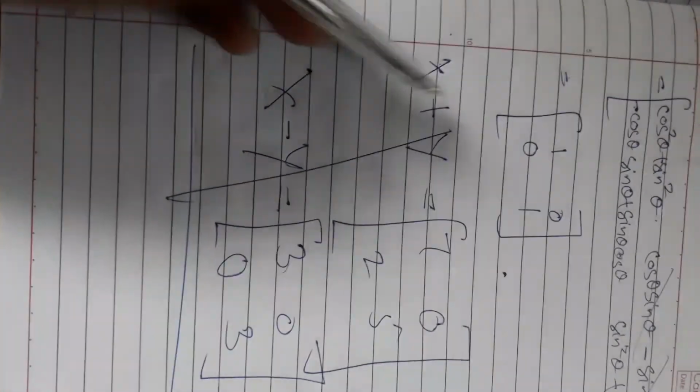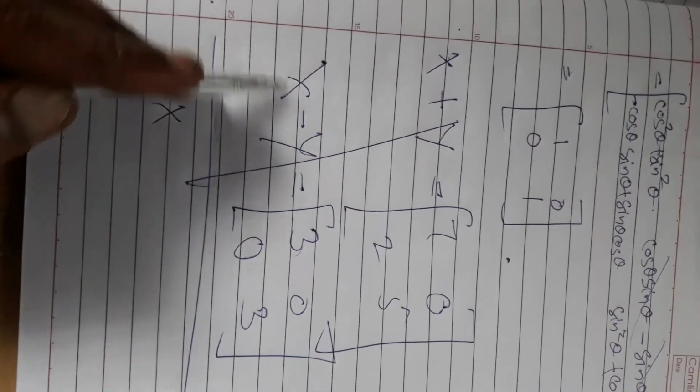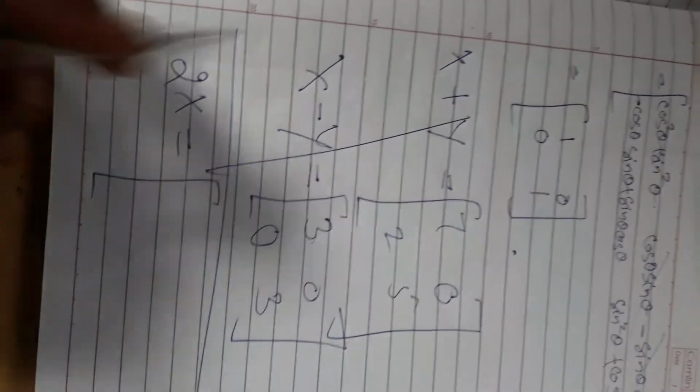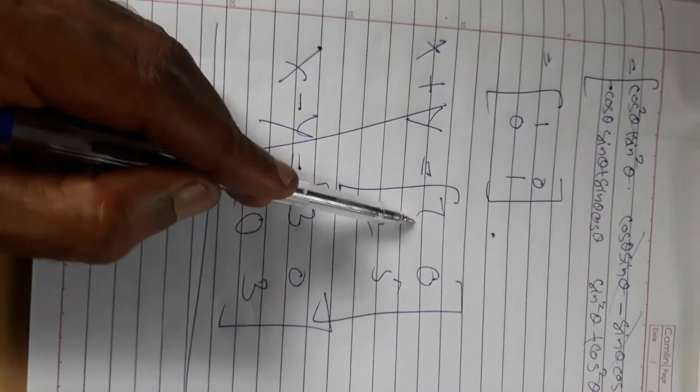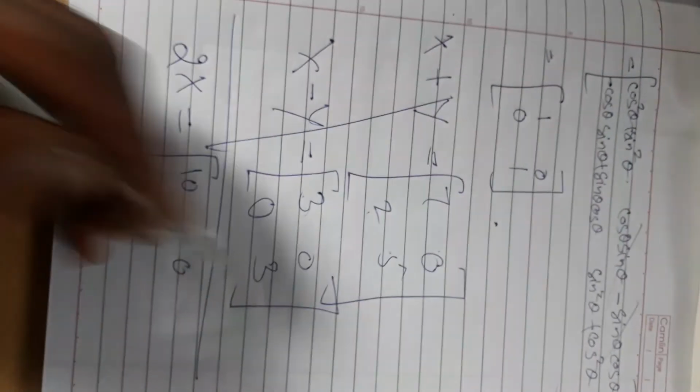So here plus Y minus Y gets cancelled, X plus X is 2X, X and Y are matrices, remember, will be equal to, here we have not changed the sign, so you have to add it. So 7 plus 3 is 10, 0 plus 0 is 0, 2 plus 0 is 2, 5 plus 3 is 8.